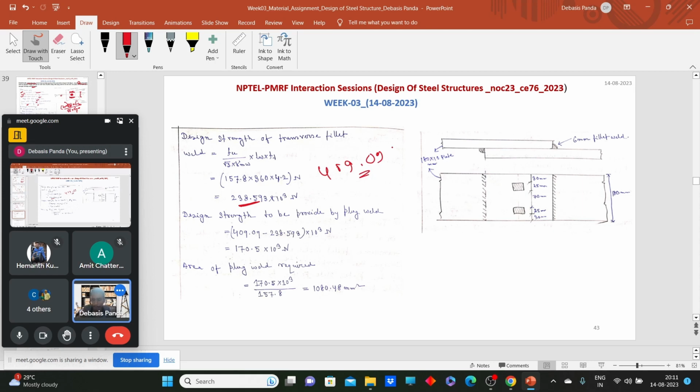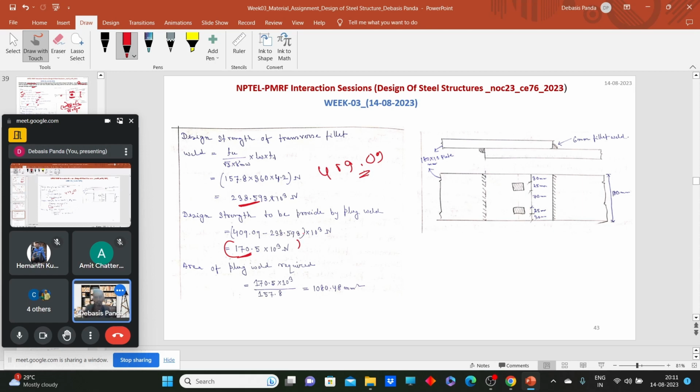So the slots we are supposed to provide need to carry the extra load beyond the fillet weld. So here 170.5 kilonewton load should be taken care of by the slots.